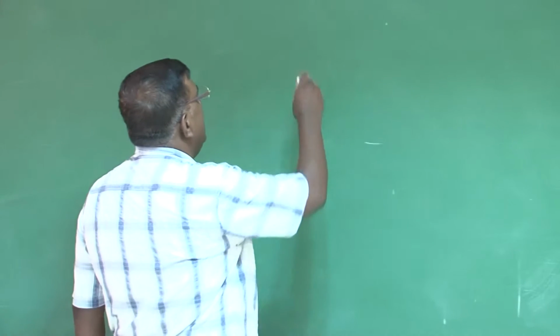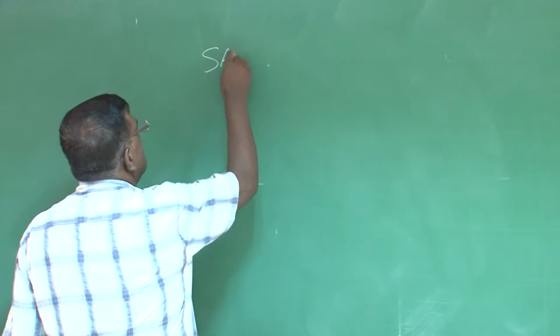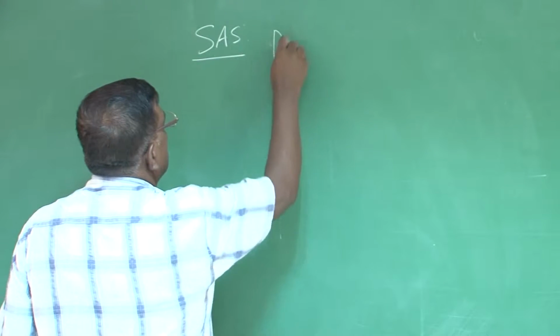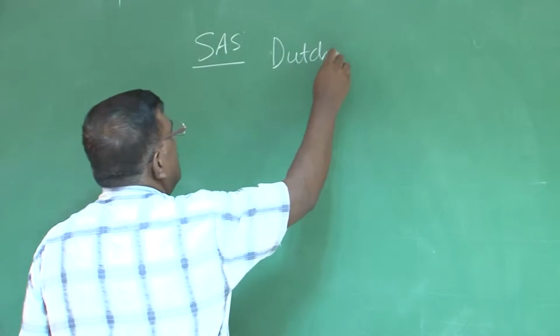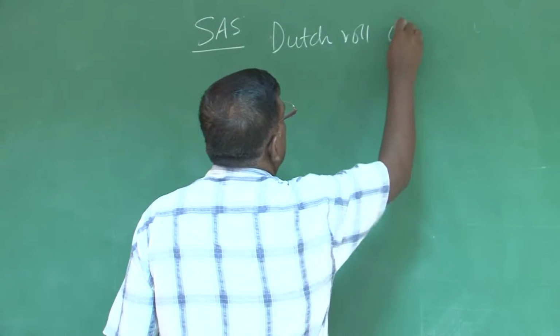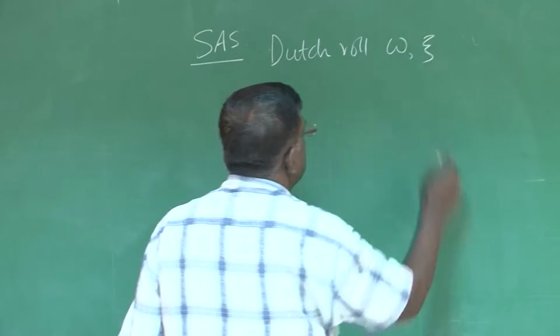Now let's talk about SAS, where we try to augment Dutch roll omega and zeta.